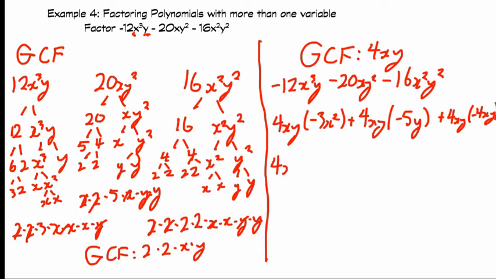So what we get is 4xy times negative 3x squared minus 5y minus 4xy.